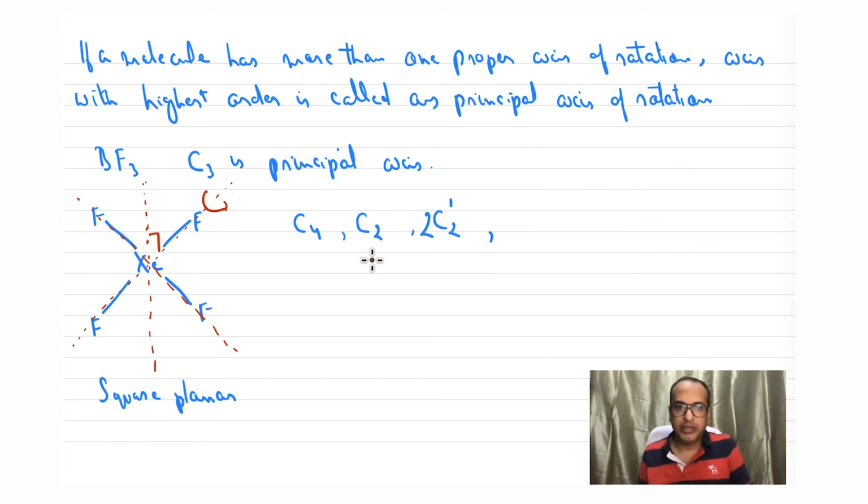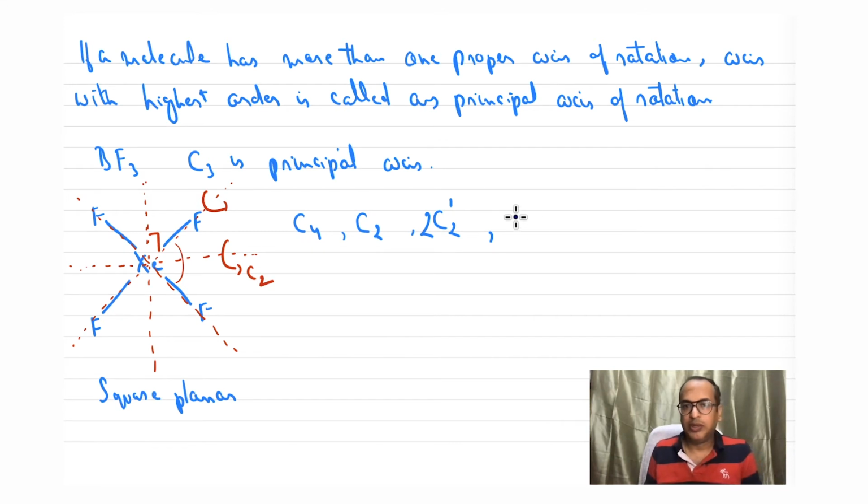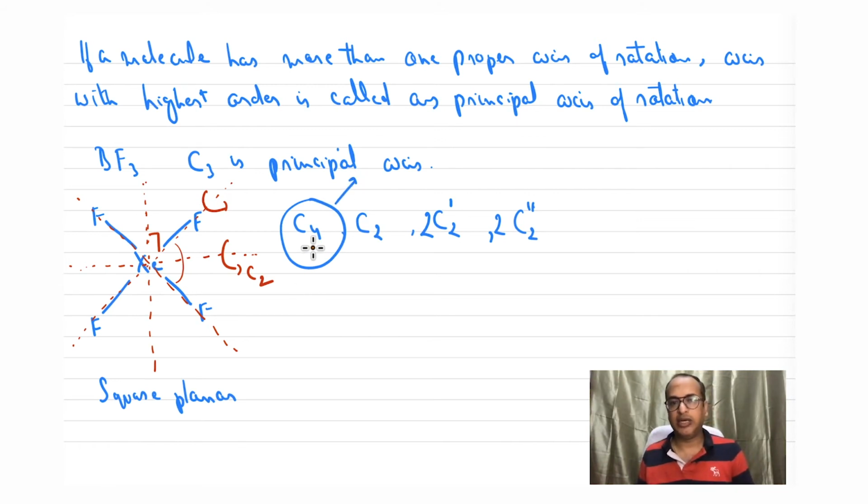Then there would be another C2 which is actually bisecting the F-Xe-F angle, right? Instead of passing through the bonds, now it is bisecting this angle. So this is also a C2. So this will be called C2 double prime. This is just to distinguish between different C2s, and there will be two such C2 double primes, right? So these are all the proper rotation axes which are present in this molecule, and C4 will be called the principal axis, right? Because this is the axis with highest order.